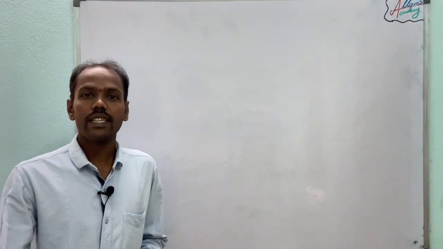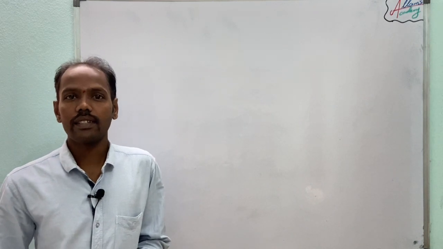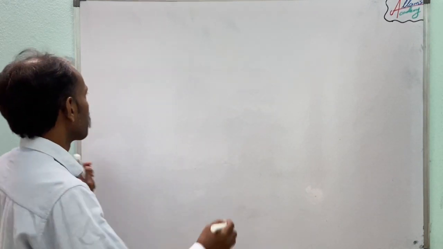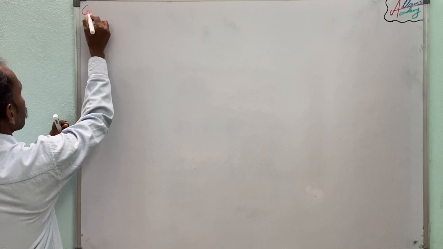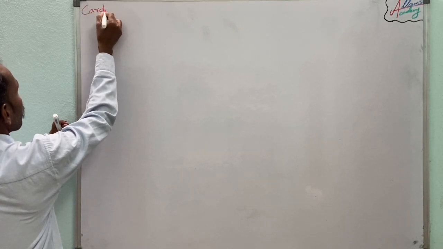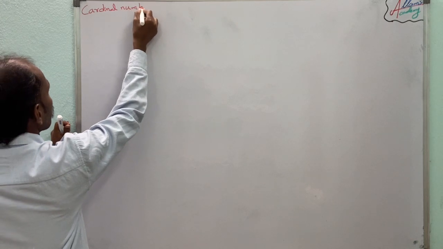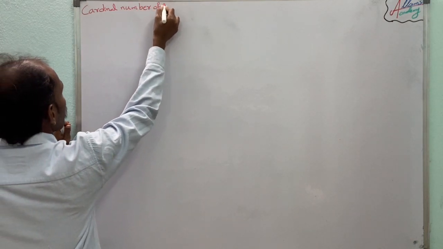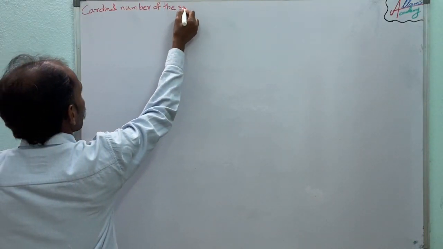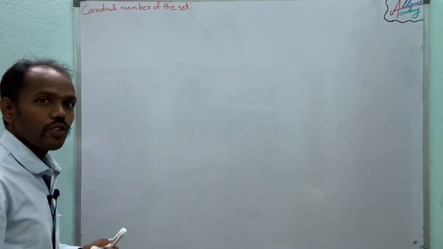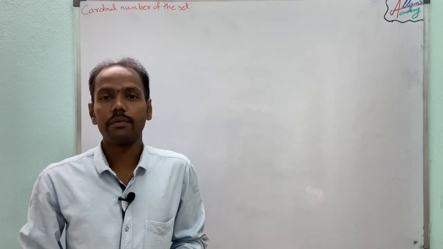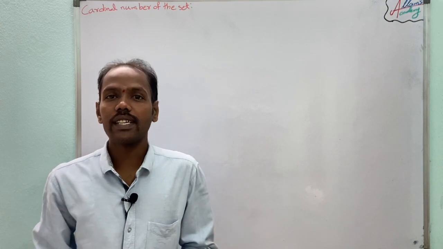Now we see another topic in sets, that is the cardinal number of a set. The cardinal number of a set means how many elements are present in the given set.